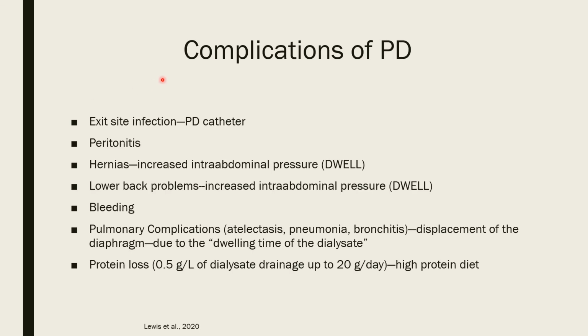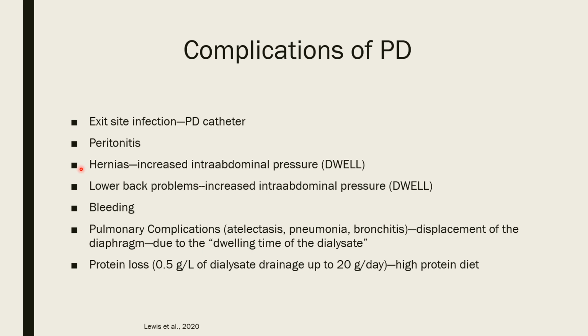Now, when it comes to peritoneal dialysis, there's a lot of complications. And in here, you have to monitor for any exit site infection. You want to monitor their peritonitis. You want to monitor hernias. And hernia can happen because of increased intra-abdominal pressure.